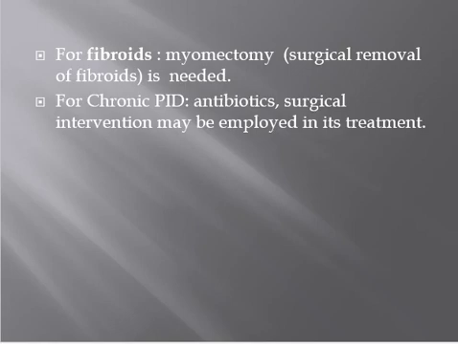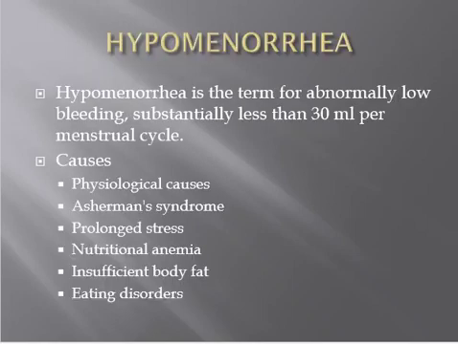So we are moving over to the next disorder, which is hypomenorrhea. What does this mean? This is just a term used to describe abnormally low bleeding. When you get a total flow less than 30 mL per cycle, it is termed hypomenorrhea.